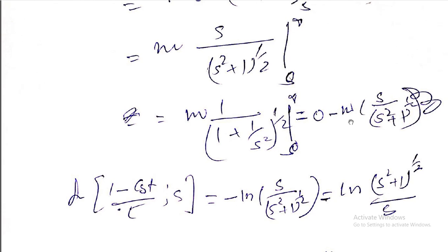So we have minus ln of s by s square plus 1 to the power 1 by 2. And we can write this as minus ln of s over square root of s square plus 1, which is equal to the power minus 1 over 2.